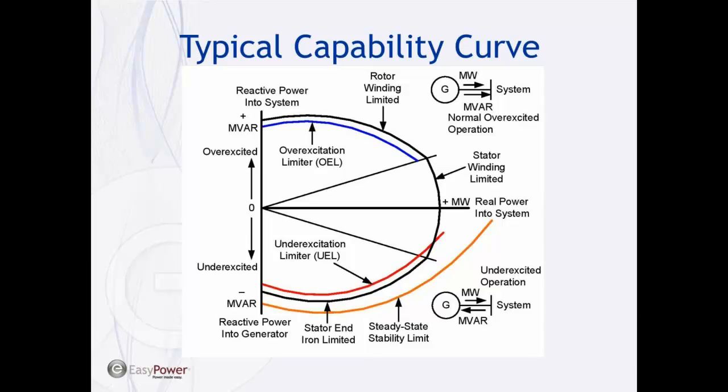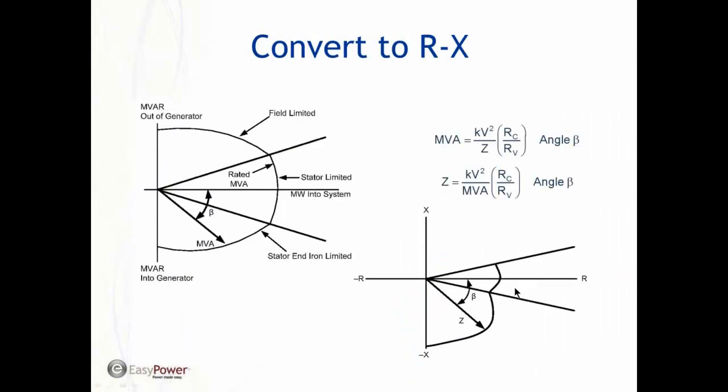So in order to monitor loss of field, we take this generator capability curve. Basically, this is power and this is Q or VARs. We convert this to an RX diagram, and this defines the operating region. Basically, this is the conversion of that curve into an RX diagram.